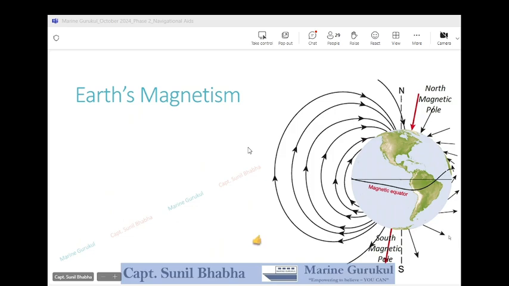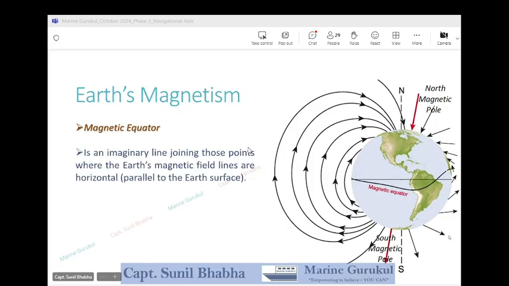And using the same dip angle, now we can also define the magnetic equator. The magnetic equator is an imaginary line on the Earth's surface, joining those points where the Earth's magnetic field lines are horizontal or parallel to the Earth's surface. So you can see at this particular point here, the magnetic field line is parallel to the Earth's surface.